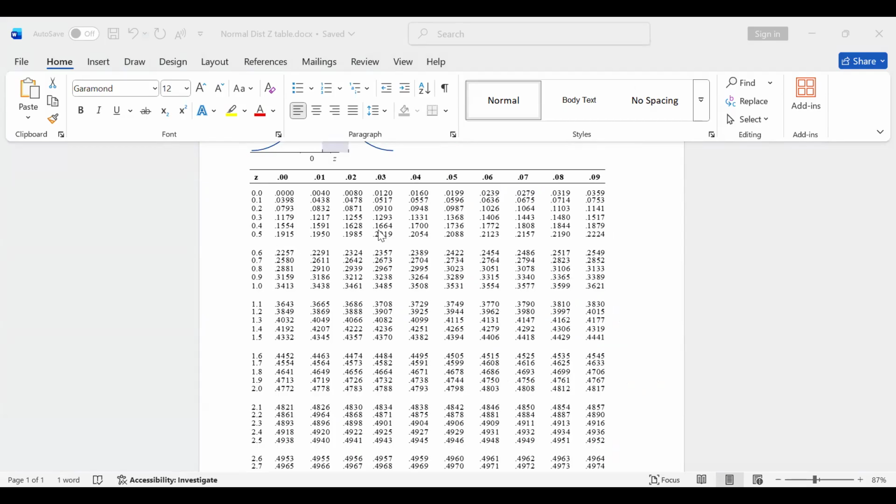But this is a positive value we are finding, not a negative value. And we are looking for, if you check the formula I've just written, the space below that number. Remember, I wrote probability of Z less than or equal to 0.51.